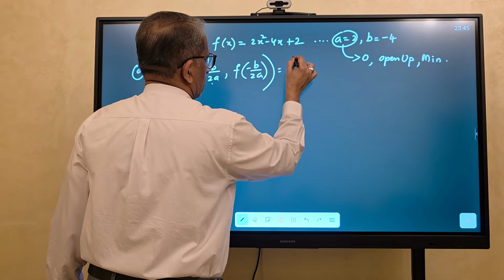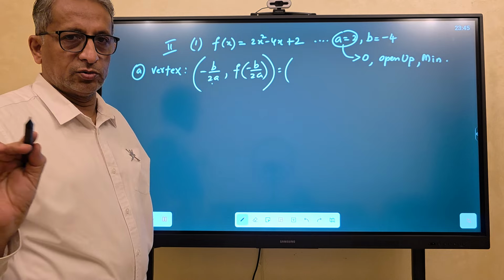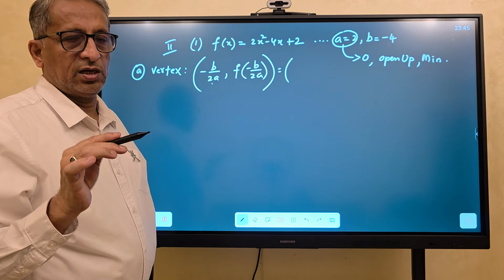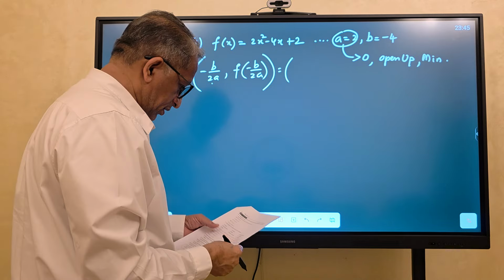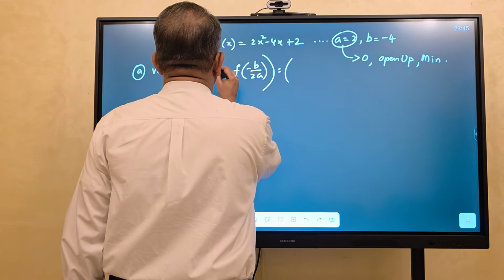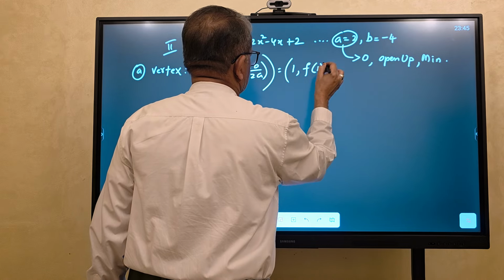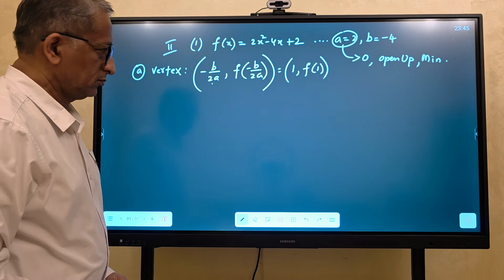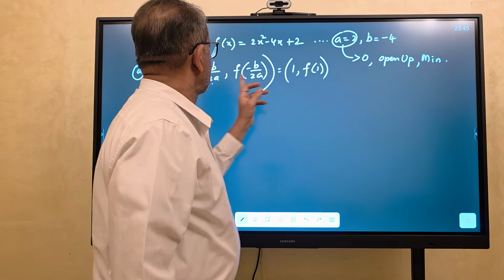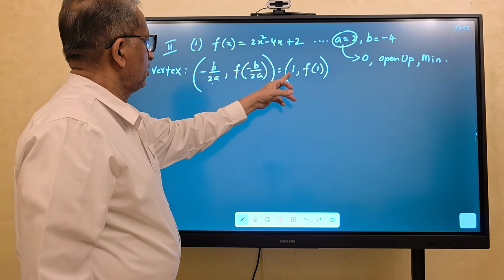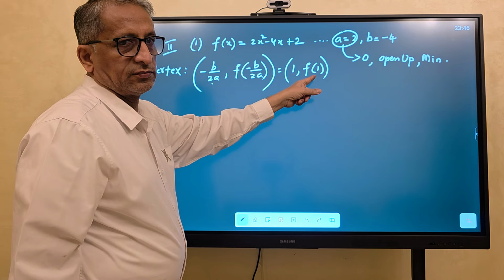Now use the calculator. You are allowed to use the calculator in module 2, that is quiz 2, quiz 3 and in the final examination. When you use that, minus b by 2a is 1. That means a equal to 2, b equal to minus 4, put here, you get 1. And the same 1 is coming here, f of 1.